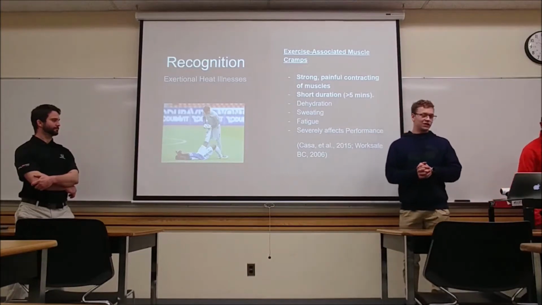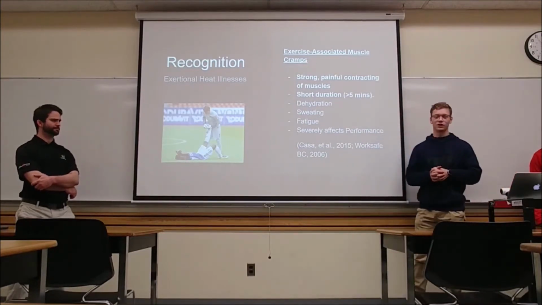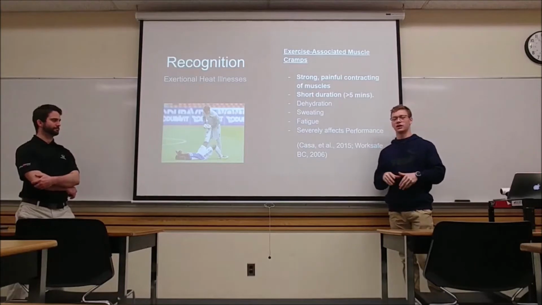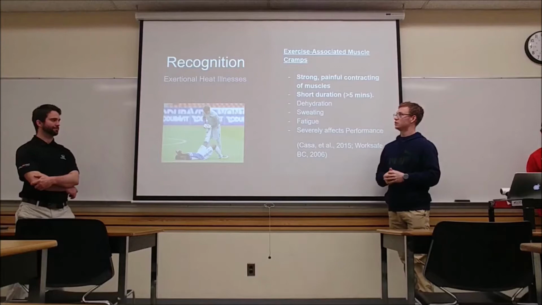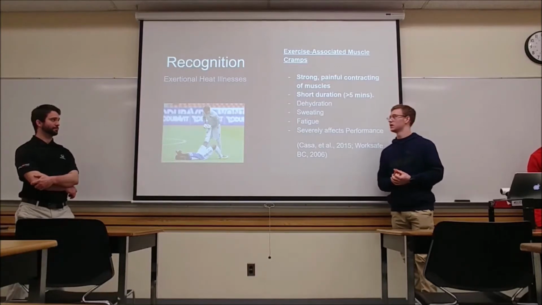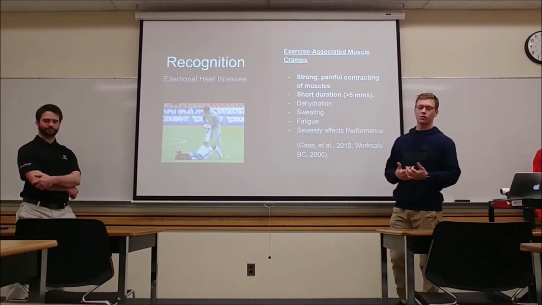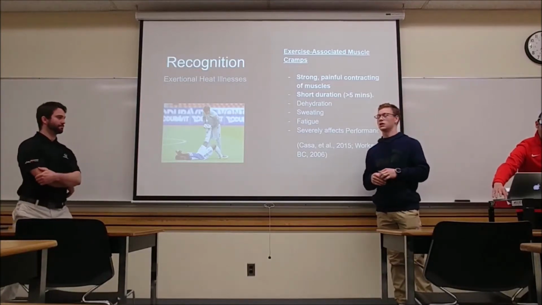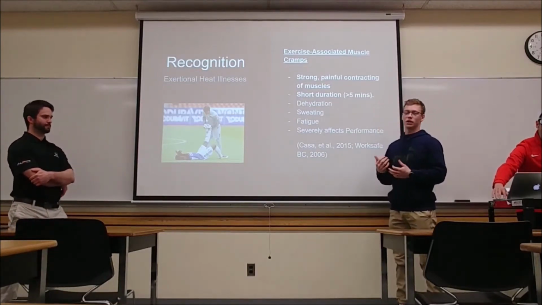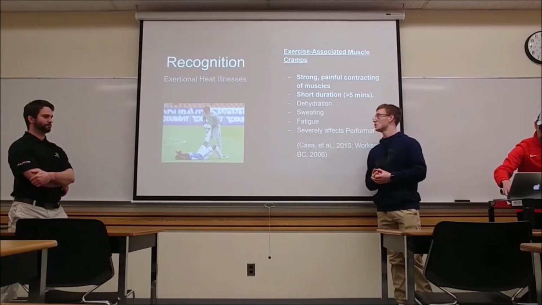So the National Athletic Trainers Association goes over all the different heat illnesses and ways you can recognize them, treat them, and other strategies. So the most mild is exercise-associated muscle cramps, and this is characterized by strong, painful contractions of the muscles.